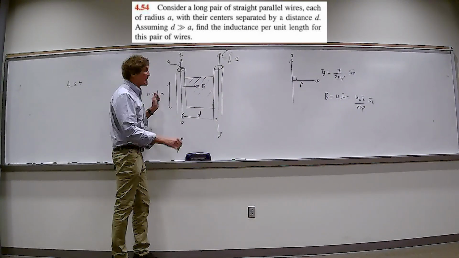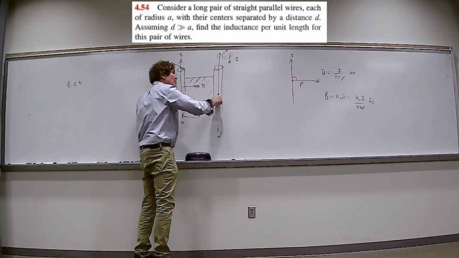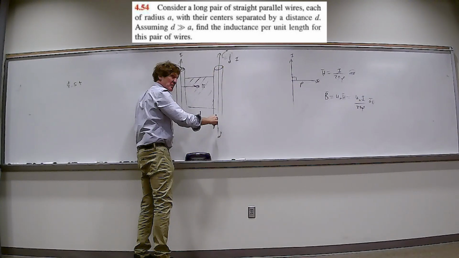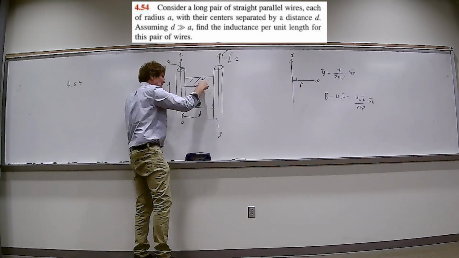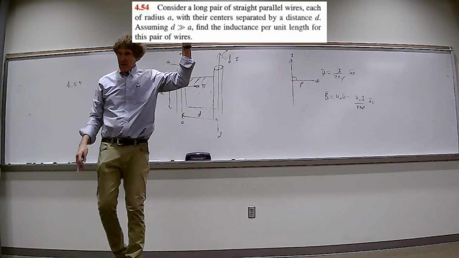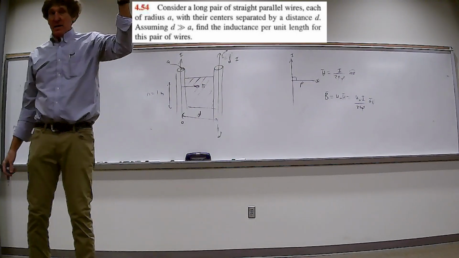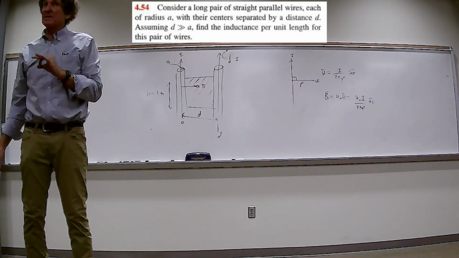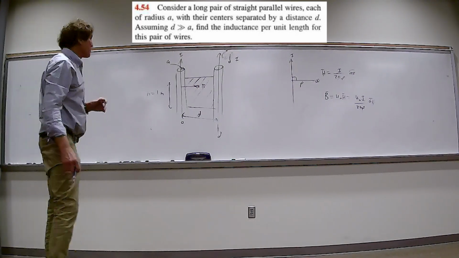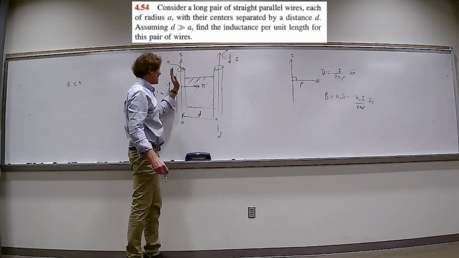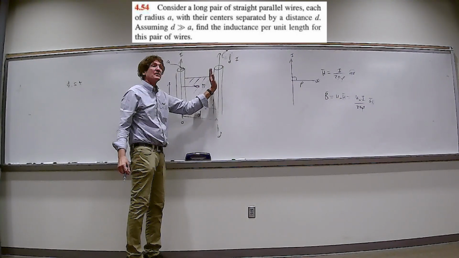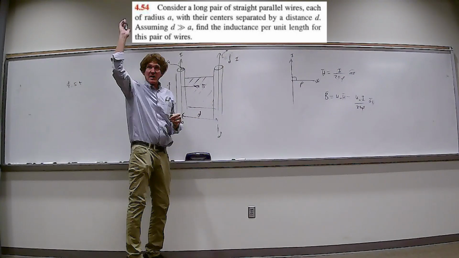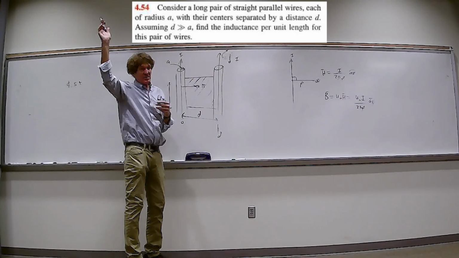I can make the argument it will be identical to the value we get if we calculated the B field from this one, going into the board, integrated over that region. How many agree with that? All right. It will be the same in magnitude. And it's additive, which means if we calculate the total flux just from this current right here and multiply by 2, we would have the total flux penetrating this surface. How many agree with that? Y'all with me? I'm telling you a simple way to do it.